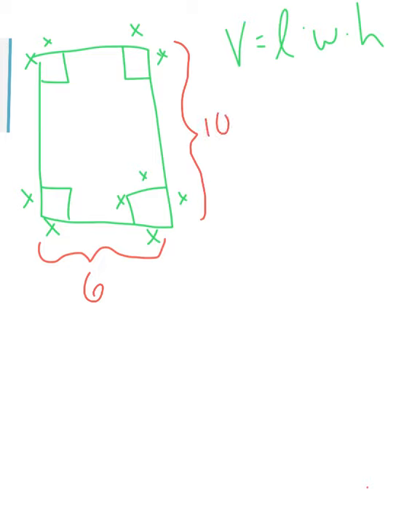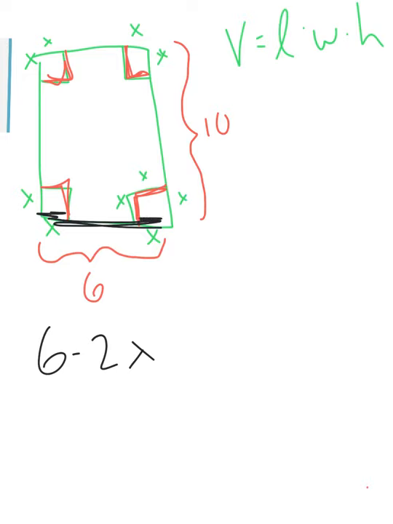However, remember we cut out these little squares on each corner here. If you think about these side lengths, then this side right here would be 6 minus 2x, because we're cutting out this x here and this x here.